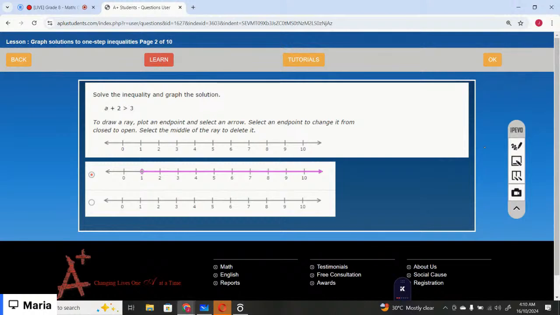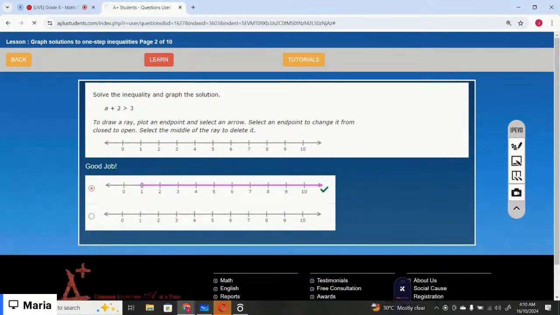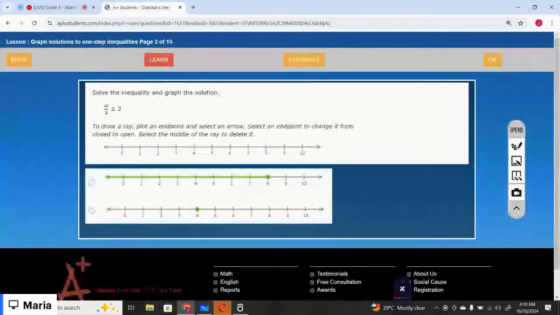Okay, the next one is, very good. Solve the inequality and graph the solution. w by 4 is less than or equal to 2. So which is the correct option? That is w is less than or equal to 8, right?